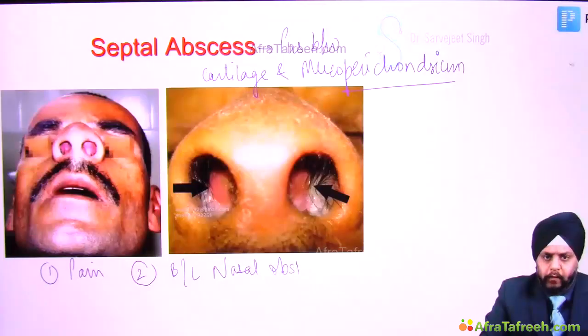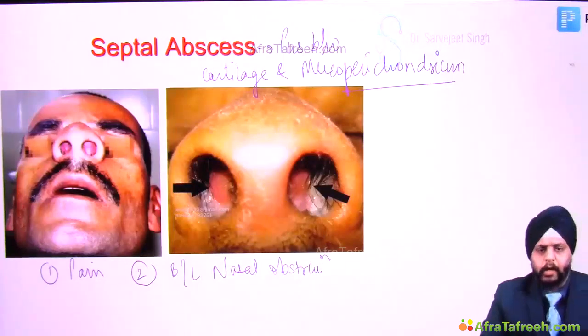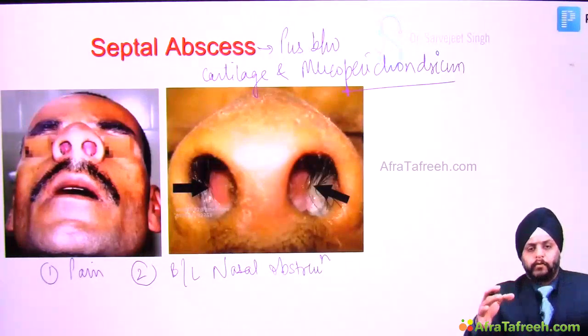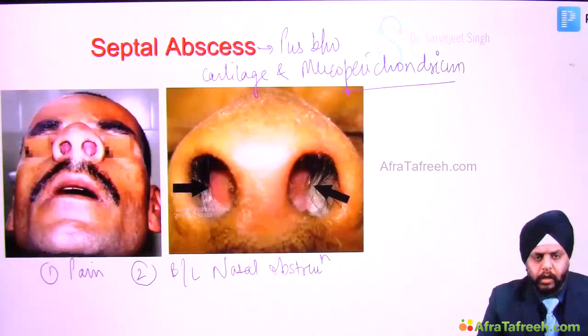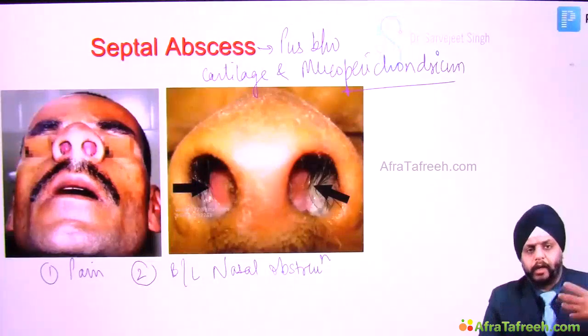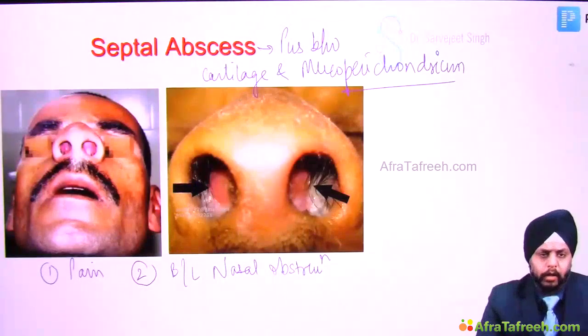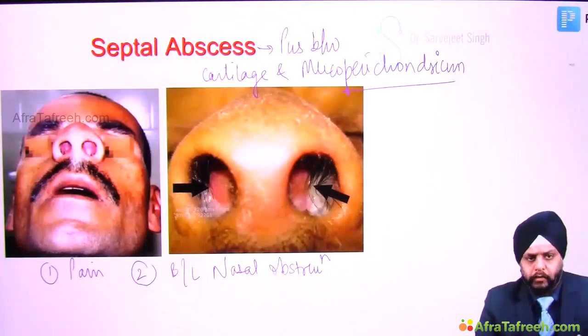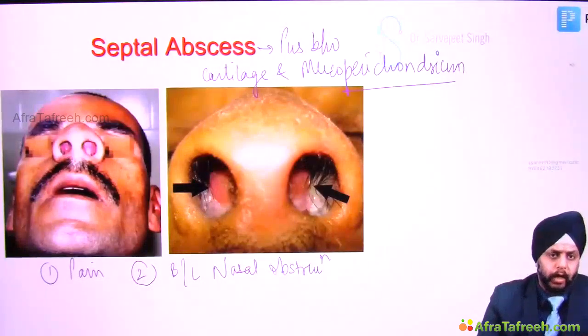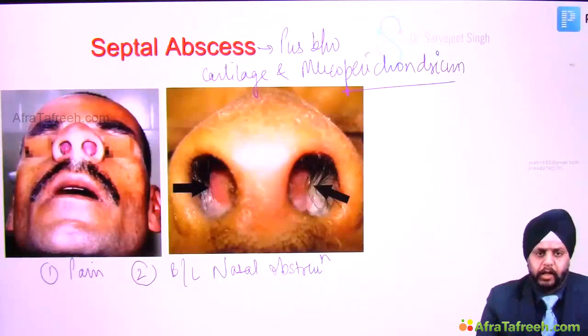So earlier, if the obstruction was less, now it will increase. He will not be able to breathe at all from the nose. What else? Of course, there will be signs of inflammation. It will be red, it will be hot, and it will be tender to touch. Patient can have fever because of the abscess, especially in children.